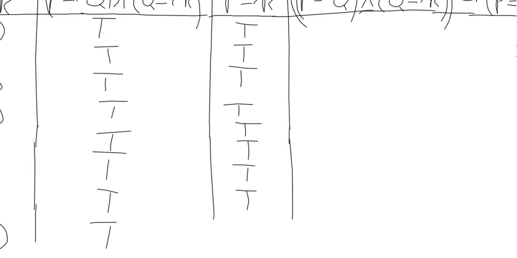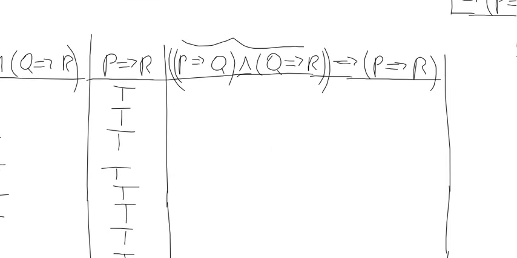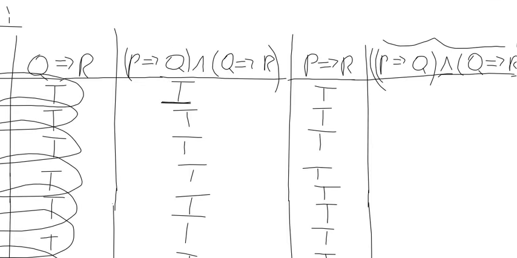So we want to figure out what the question was asking. Prove that P implies Q and Q implies R implies that P implies R is a tautology. Okay? Well, that's very simple. On the left-hand side here, for the first row of P implies Q and Q implies R, we knew it was true.